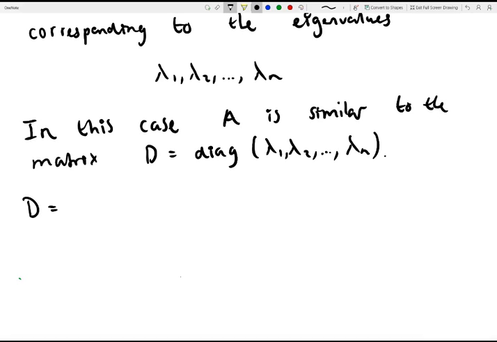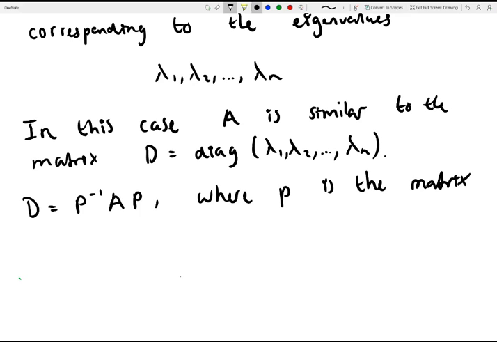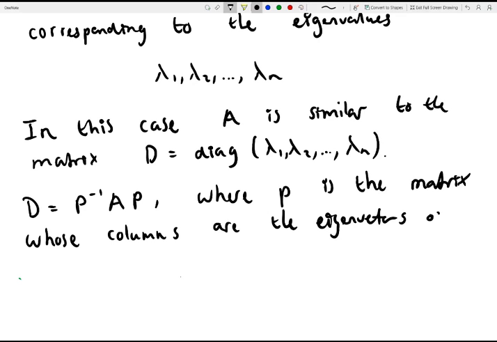D is equal to P to the minus 1 A times P, where P is the matrix whose columns are the eigenvectors of A. So P is this matrix where all these columns are eigenvectors.